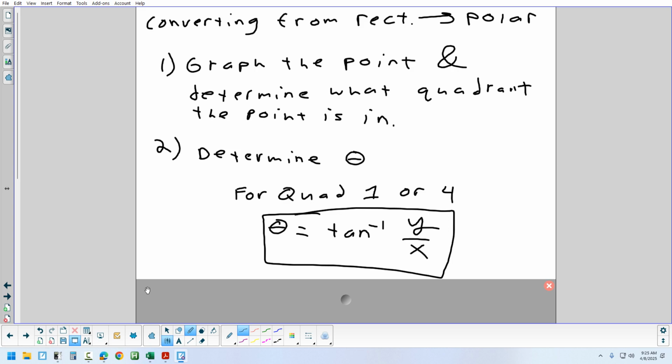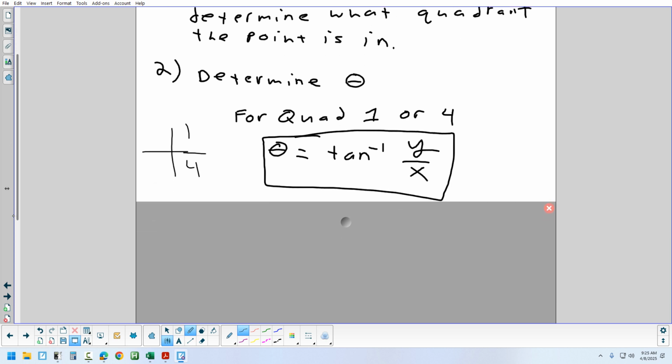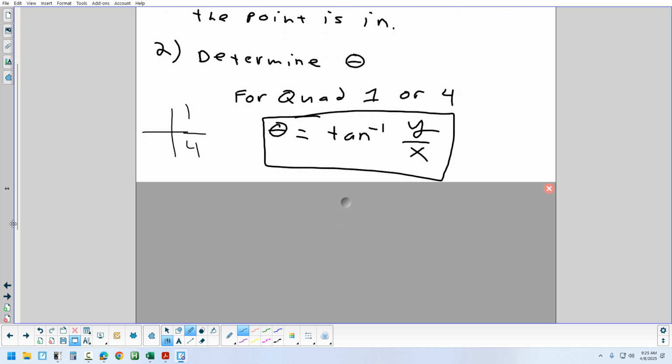If you are in quadrants 1 or 4, you can use exactly the formula I just showed you on the other page. Theta equals inverse tangent of y over x. If you are in quadrants 2 or 3, that doesn't quite work.